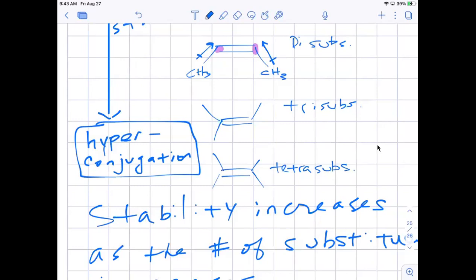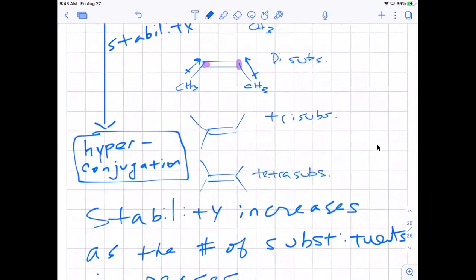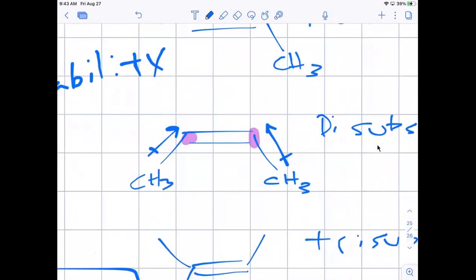If it has too many substituents, it's going to be less stable because of the same phenomenon, that you donate electron density towards that center. So that's what these dipoles indicate, that these carbon-carbon sigma bonds are donating electron density.